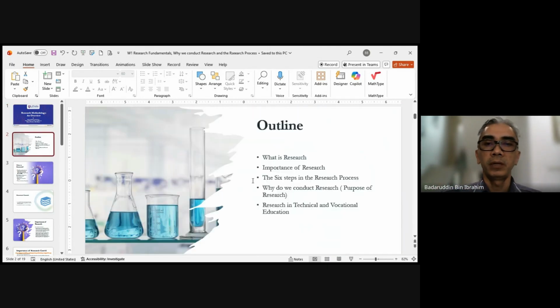Okay, so this session is just to briefly explain what research is all about, the importance of research, why we need to conduct research, and the basic 6 steps in the research process.